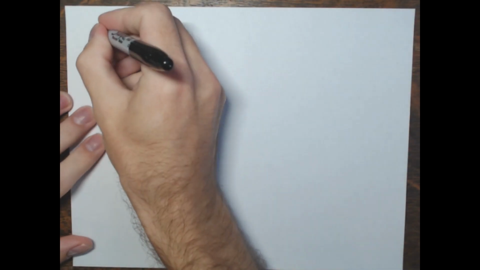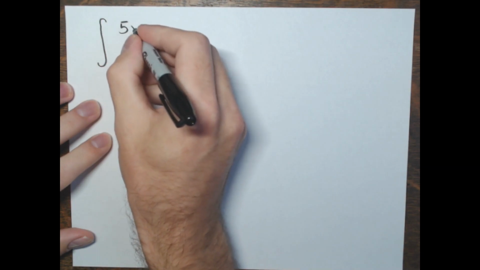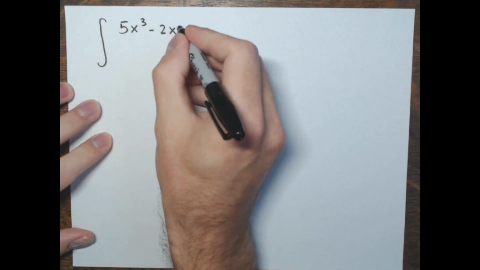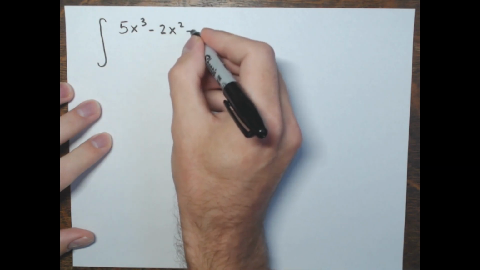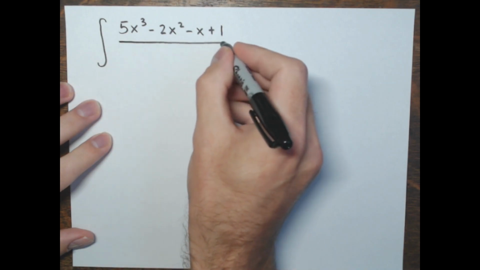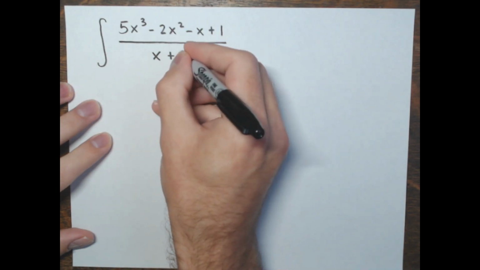So we have the indefinite integral of, again, an improper rational function, 5x cubed minus 2x squared minus x plus 1 over the denominator polynomial, x plus 1.